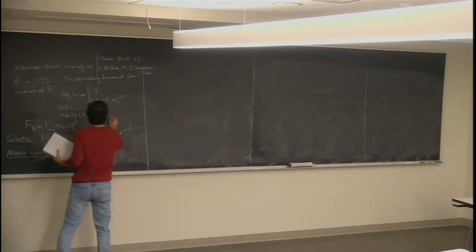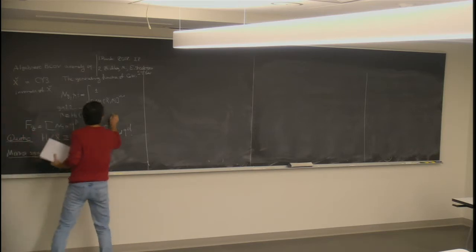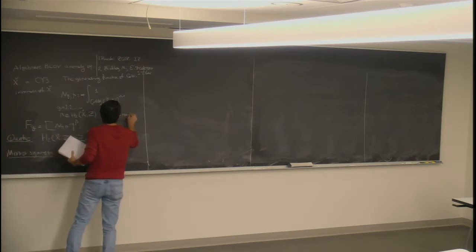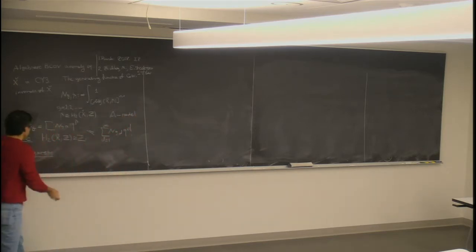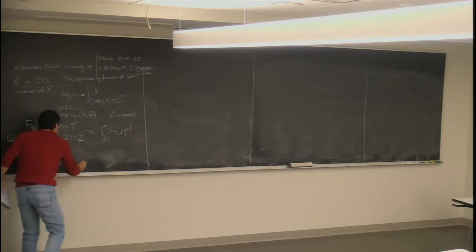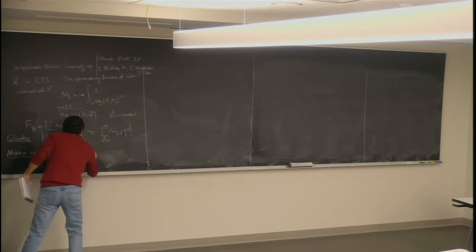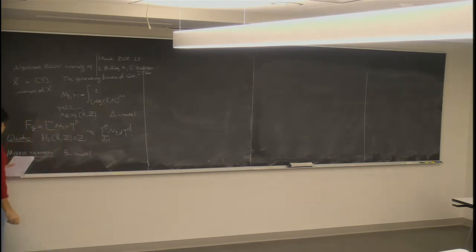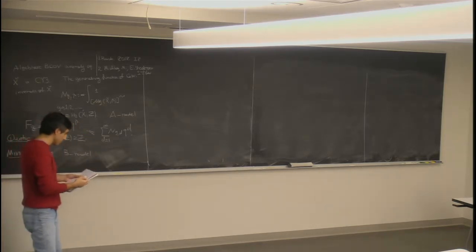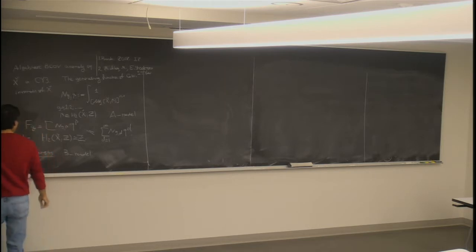So mirror symmetry has an A model. So this is actually the A model. Then there is a B model. For the B model, one introduces a mirror quintic.